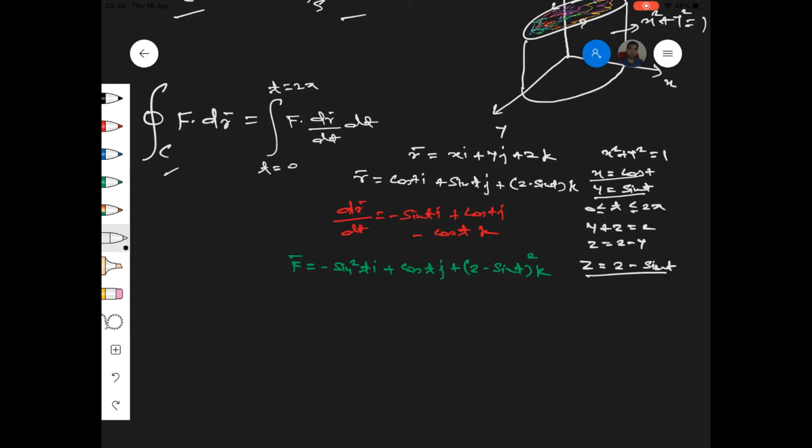So f dot dr by dt is going to be sine cube t plus cos square t minus 4 plus sine square t minus 4 sine t.